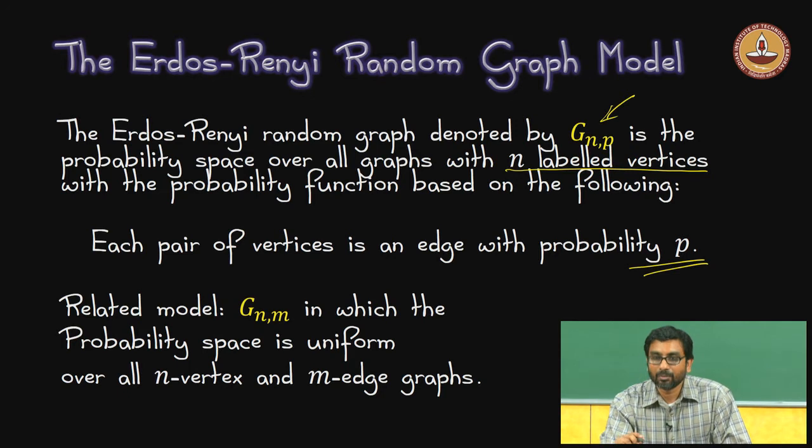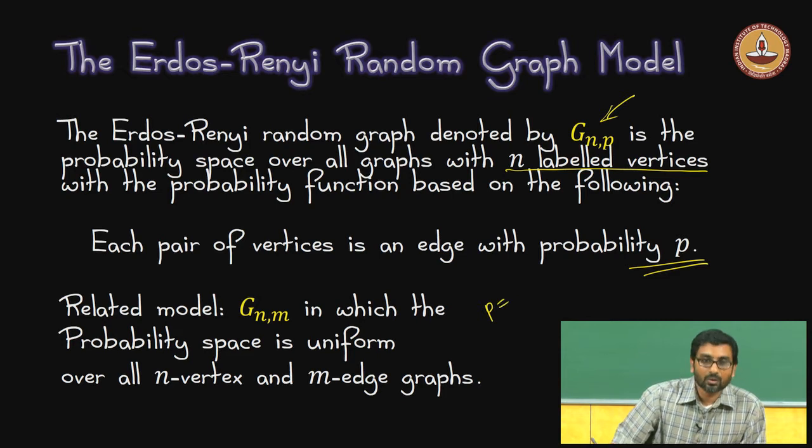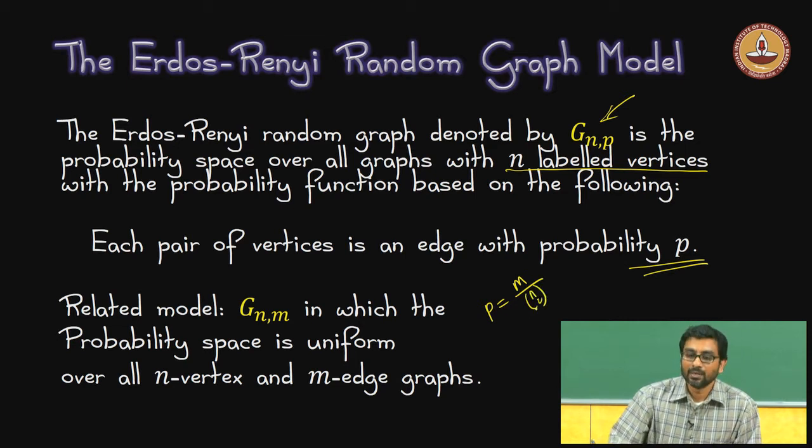If you set the probability p equal to m over n choose 2, then both will be about the same. They're not exactly the same, but about the same.